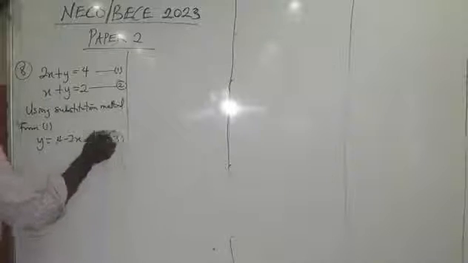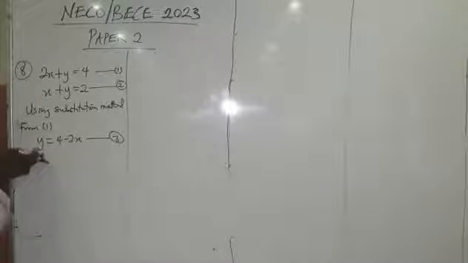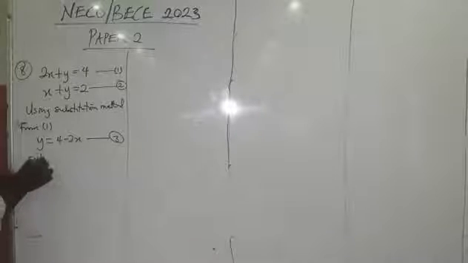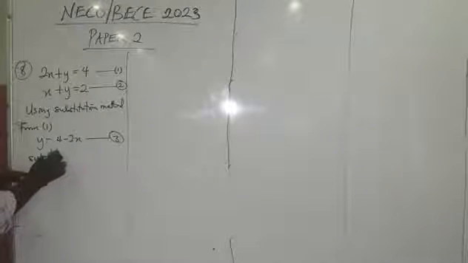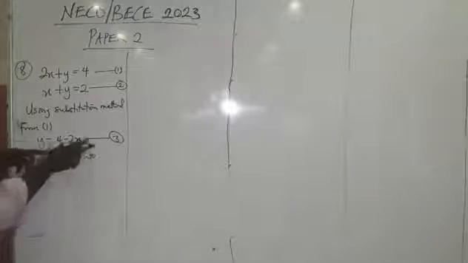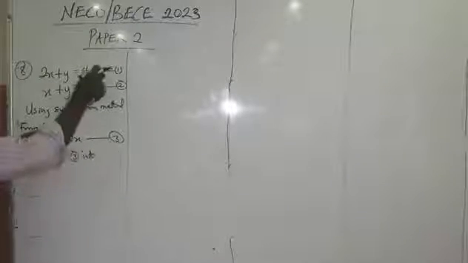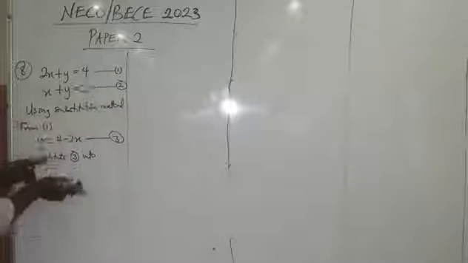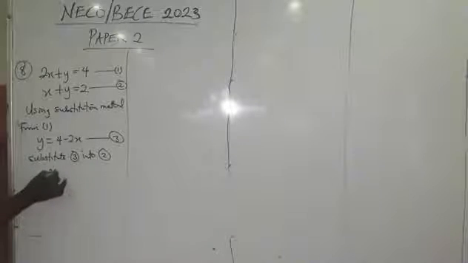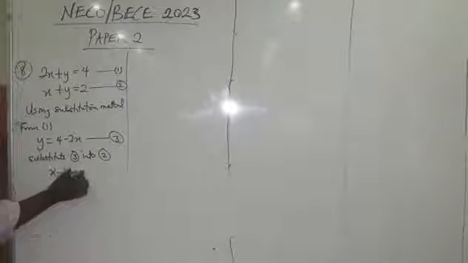This will give me equation 3. That is, I've made y the subject of formula from equation 1. Right? So I can then substitute equation 3, which I made from equation 1, into equation 2, which is x plus y equals to 2.